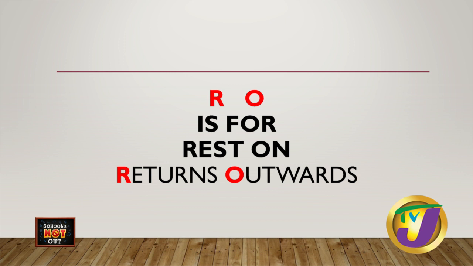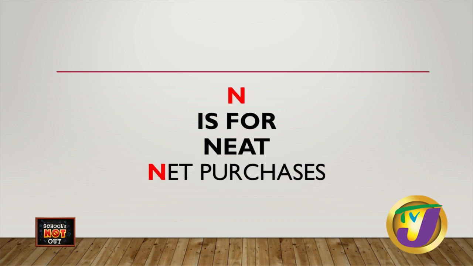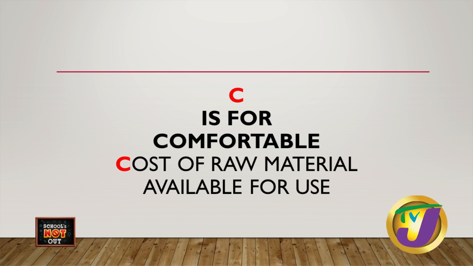RO is for rest on, which stands for returns outwards. Then we have N, which is for neat, and the N stands for net purchases. We also have C, which stands for comfortable, and it represents our cost of raw materials available for use.